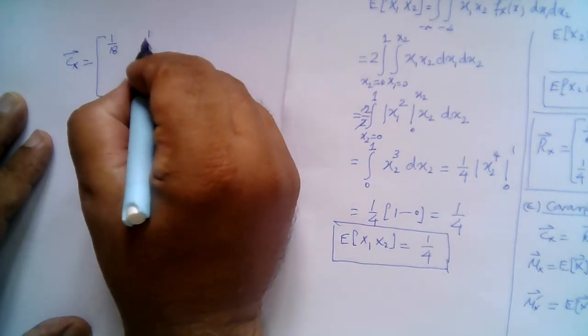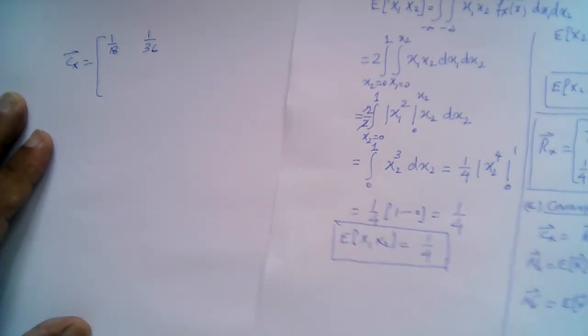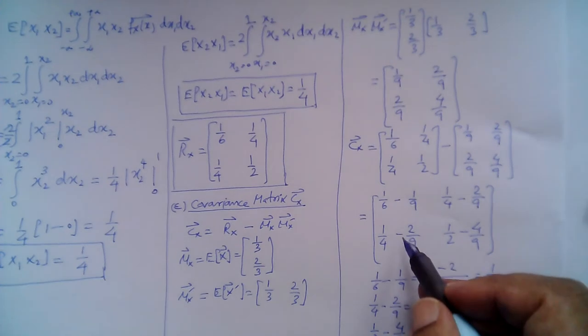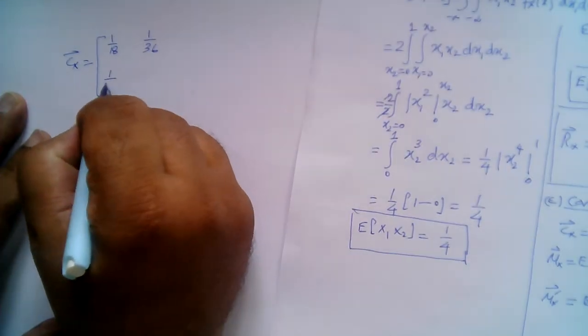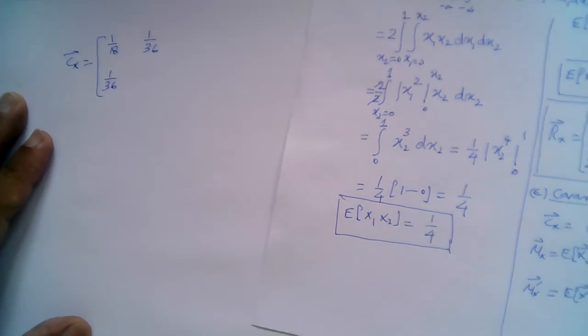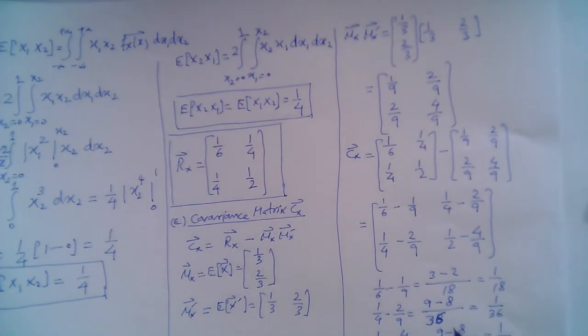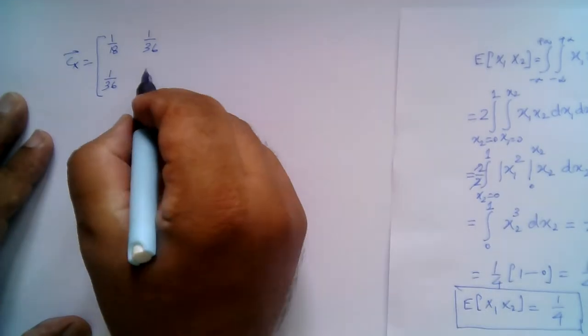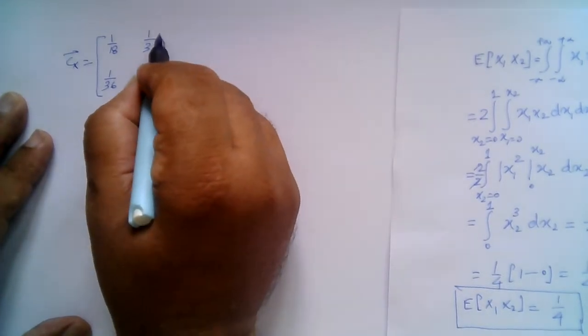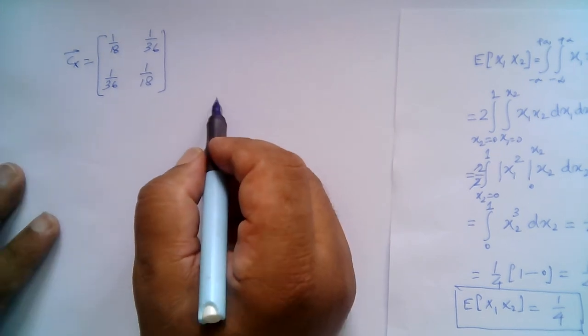So 1 over 36 here. And next, this is similar to this one, again 1 over 36. And the last entry, 1 over 2 minus 4 over 9, was 1 over 18. So this is 1 over 18 here, right? So this is the covariance matrix.